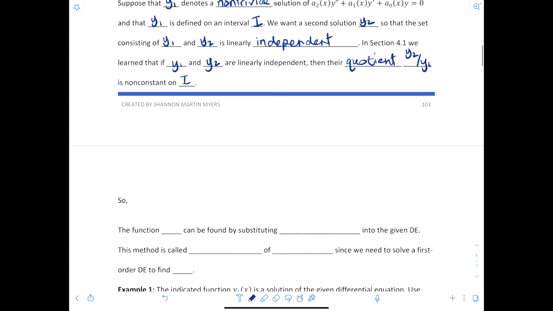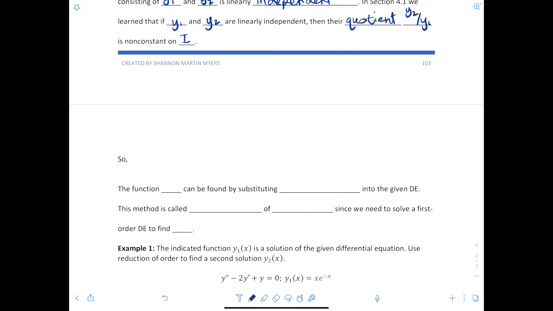So what do we have? We have y2(x) over y1(x) is equal to some u(x), or equivalently, y2(x) is equal to u(x) times y1(x), which is that known solution.